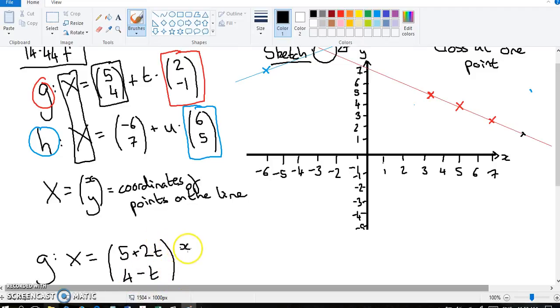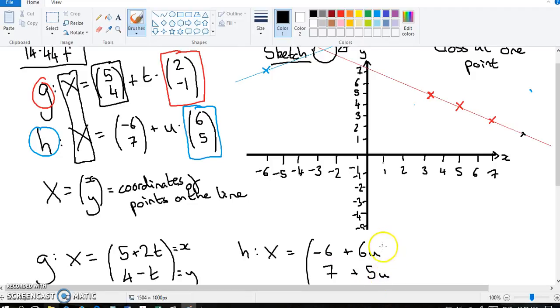So that's our x, and that's our y. And this is really just another form of this, but this is the conventional way of writing it, as we have it up here. Similarly, for h, we have x is equal to -6 plus 6u, and 7 plus 5u as the bottom component, and again, that's x, and that's y.